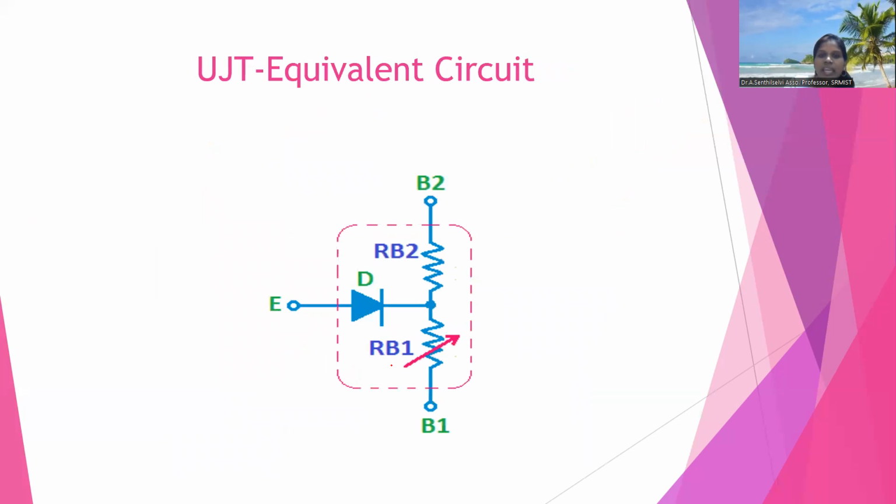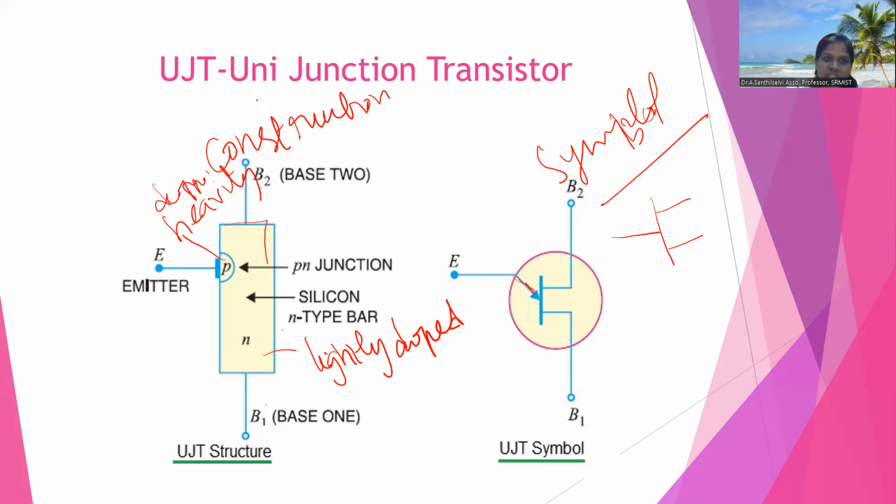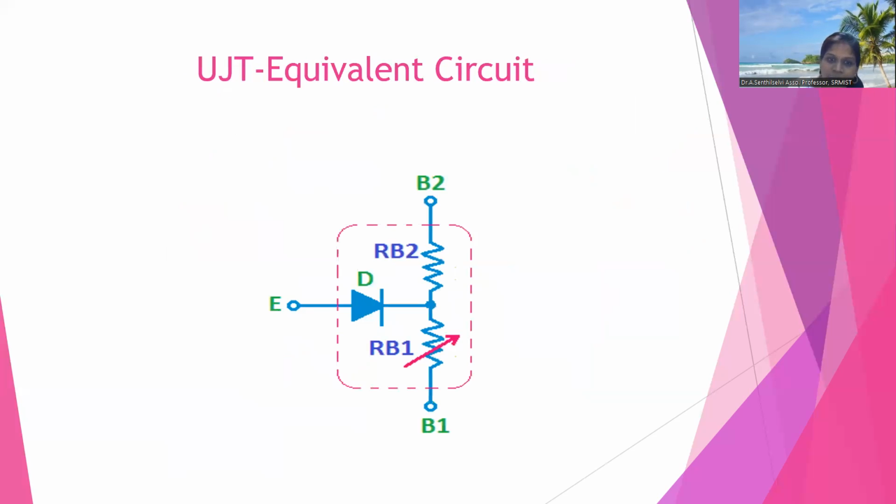Then the equivalent circuit of the unijunction transistor. Why is it called unijunction? It has only one PN junction, where a P-type material is diffused into the N-type material. When you draw the equivalent circuit, that PN junction is represented by a diode.